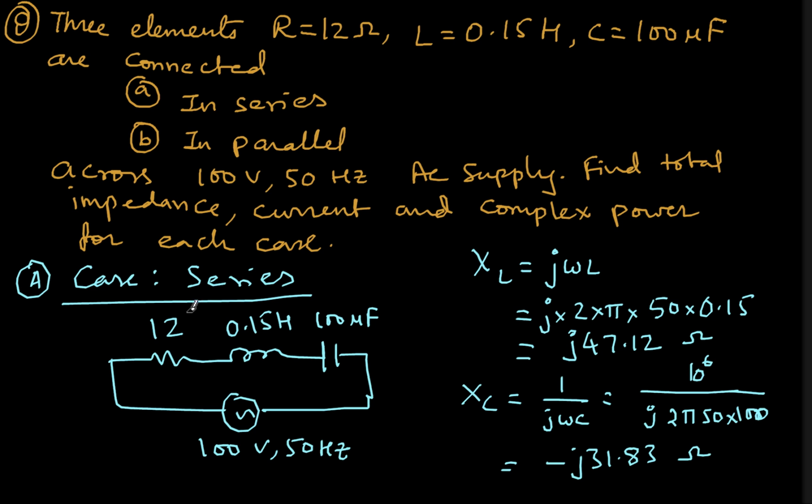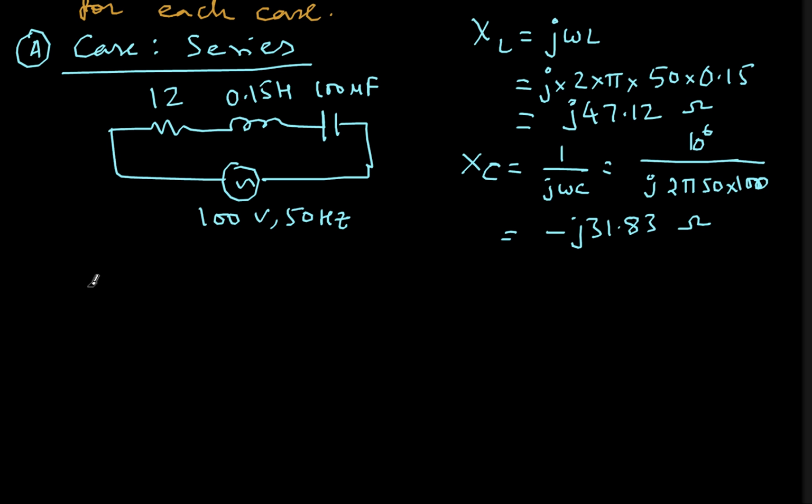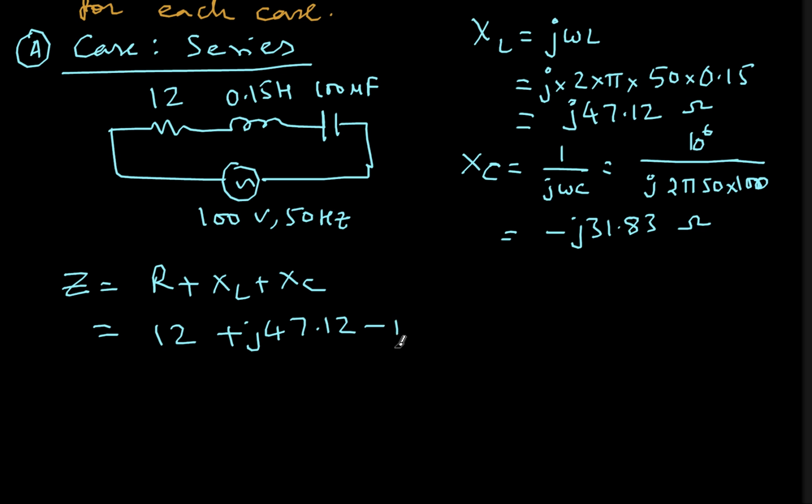Now if you look at the series connection, we have to add them. So magnitude wise, the inductive reactance is more than the capacitive reactance. So therefore, overall this will become an inductive circuit. So let's do that. So what is my overall impedance? So basically impedance is R plus XL plus XC. So that is nothing but 12 plus j 47.12 minus j 31.83.